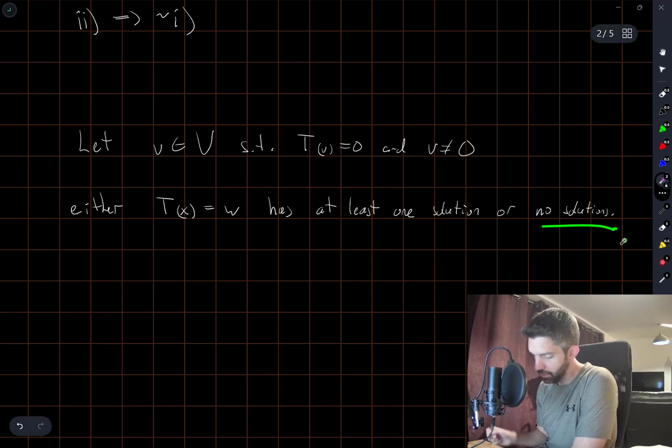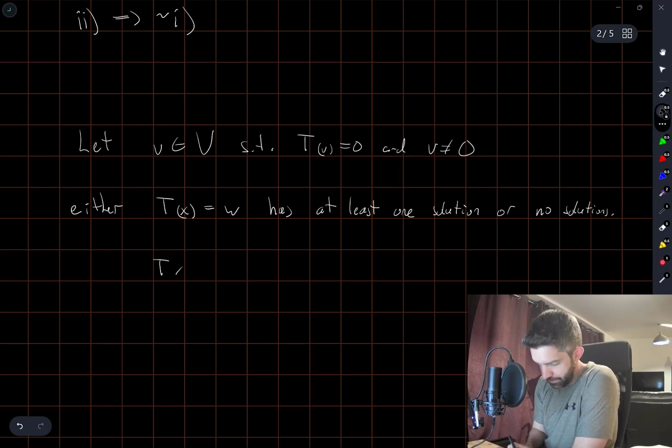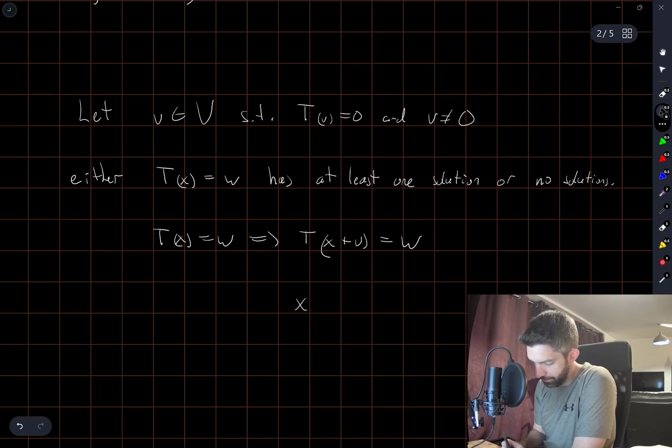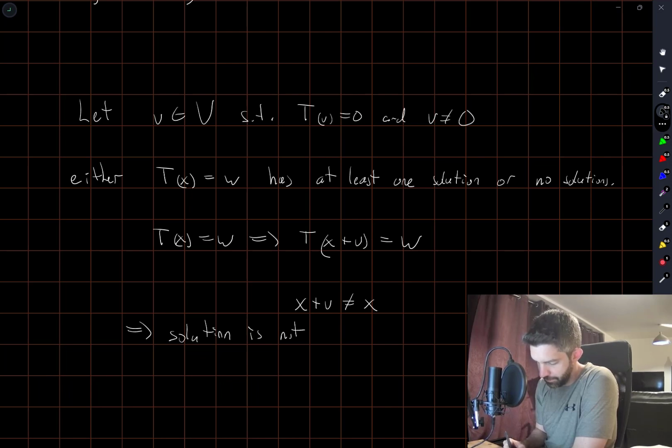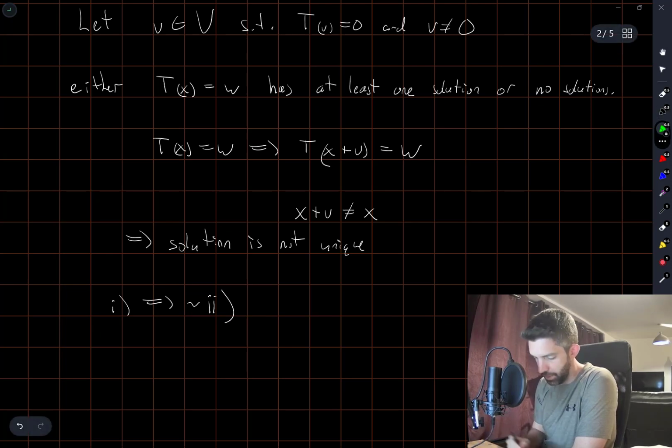If it has no solutions, then property 2 is false. If it has at least one solution, well then T of x plus v is also equal to w, because T of v is equal to 0. Because v is non-zero, x plus v is not equal to x, so this says that the solution is not unique. So statement 1 implies the negation of statement 2, and we're done.